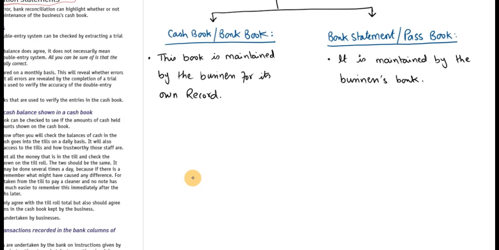The balance as per cash book, we have two types of balances here.